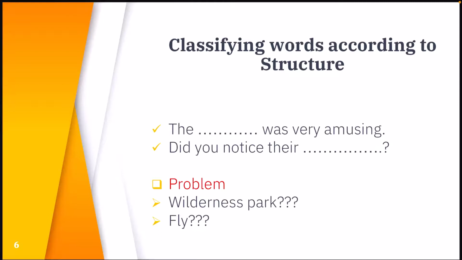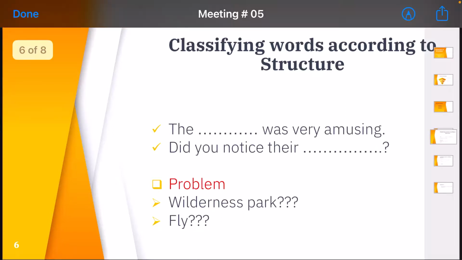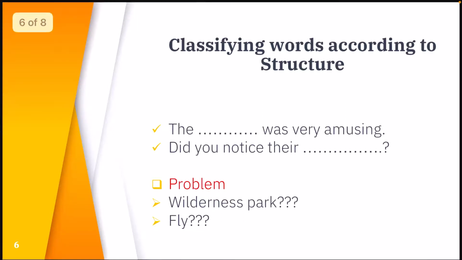Nonetheless, relying on structural criteria for classifying words can create problems. In the case of nouns, for example, not all nouns have distinctive noun-like morphemes. There is another problem. Many of the words without distinctive morphology appear to belong to more than one part of speech, such as fly, which could be considered as a noun and as a verb.